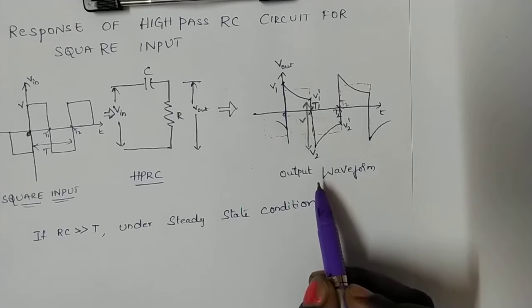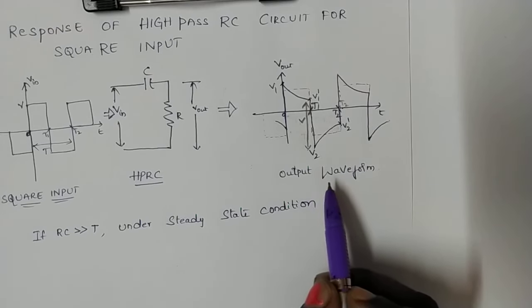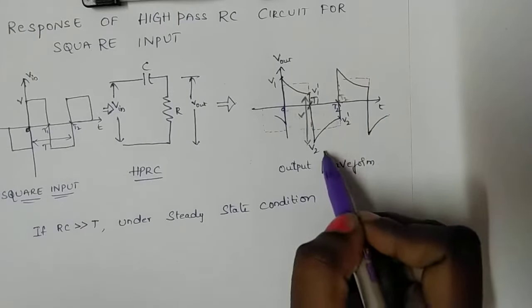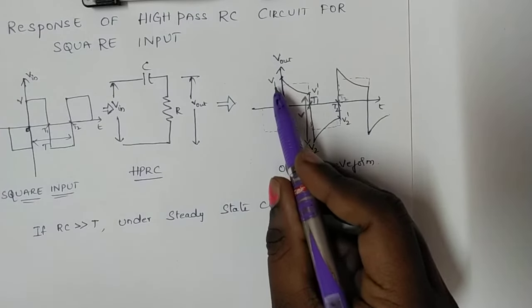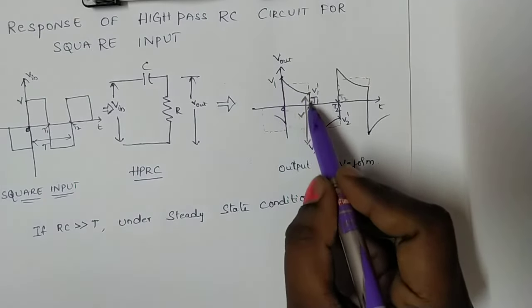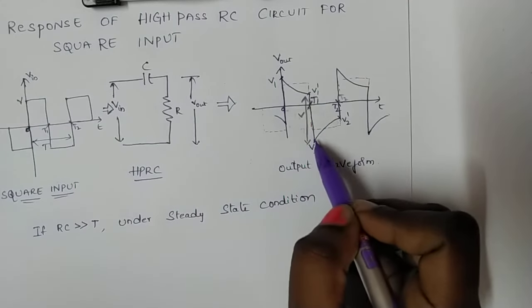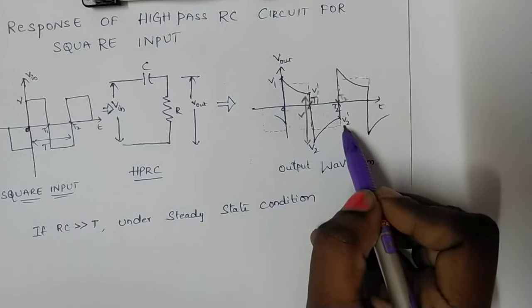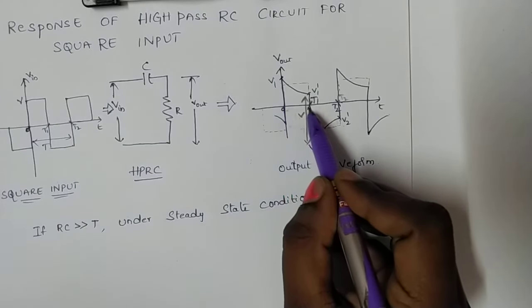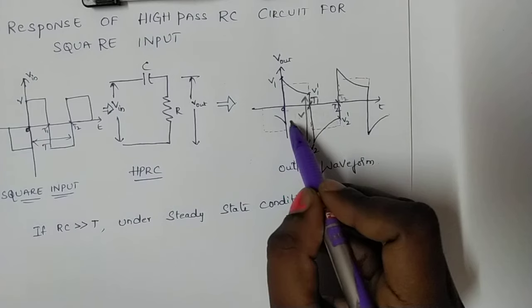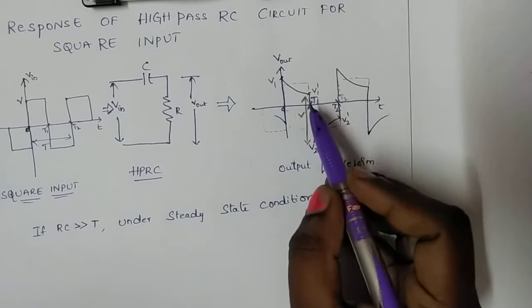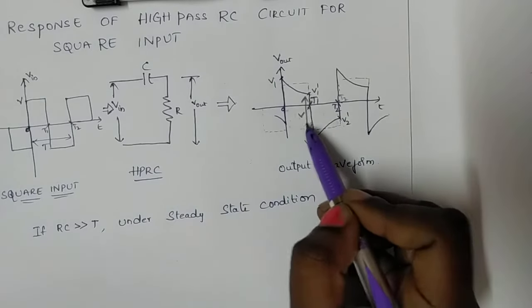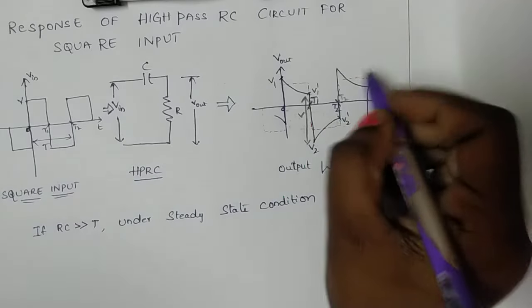From this output waveform, we have to write the important equations, like V1 dash. Here in the output waveform, this is labeled as V1, and the decaying part at T1 is V1 dash. It falls towards the negative side, where the amplitude is V2, and this one is V2 dash. The time period is 0 to T1 and T1 to T2, and the total time period is T. The amplitude from V1 dash to V2 must be V, and it continues the same way.